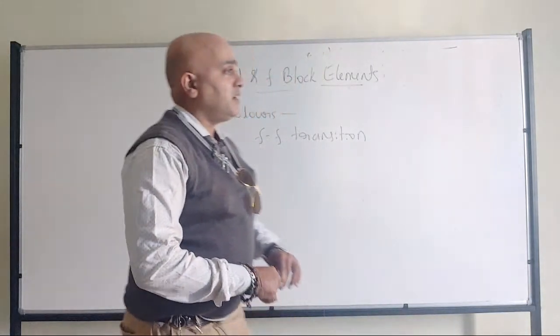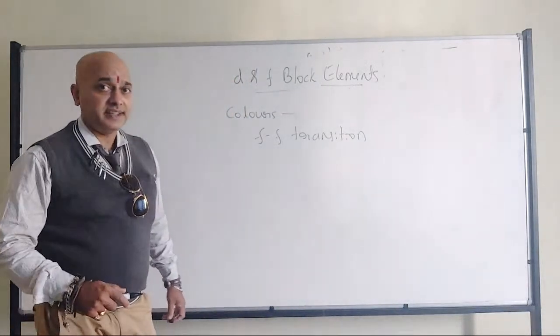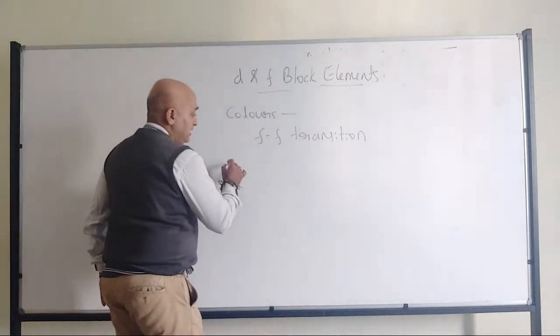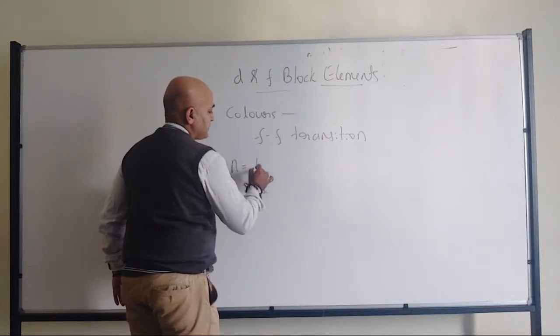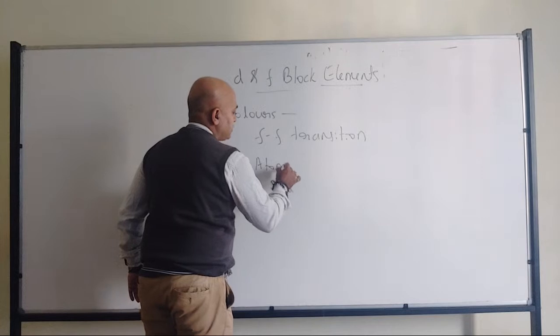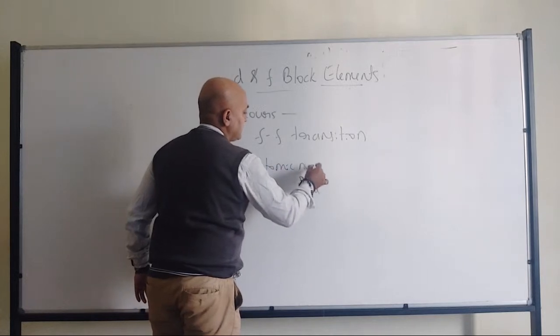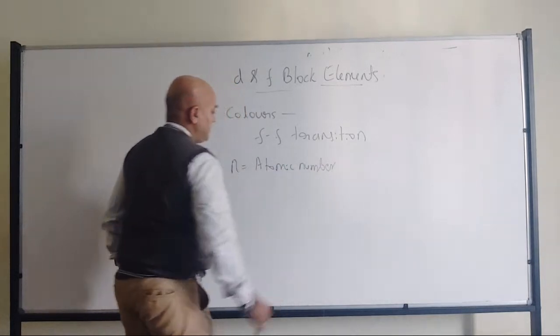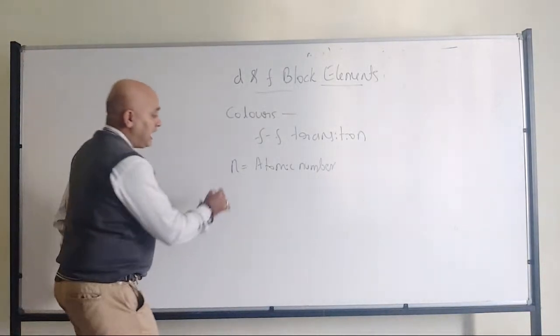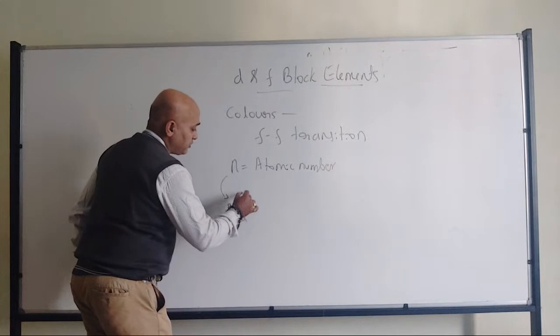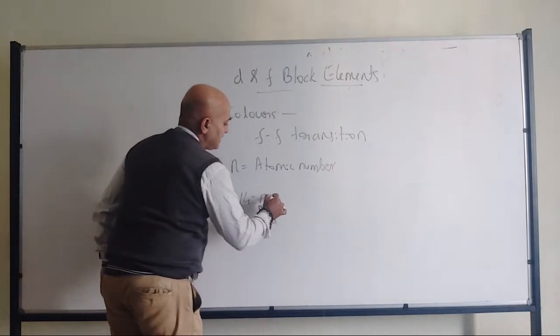One thing we can observe here is that if an element has a particular atomic number n, then it will have a similar color to the element with atomic number 14 minus n.